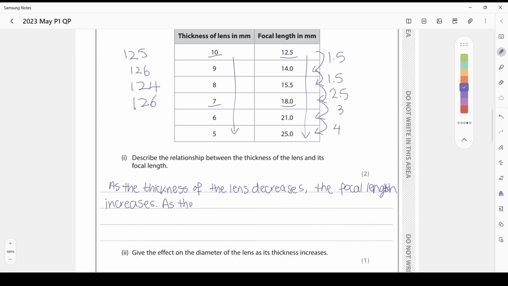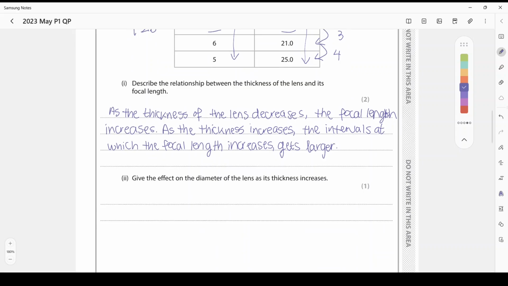As the thickness increases, the intervals at which the focal length increases gets larger.